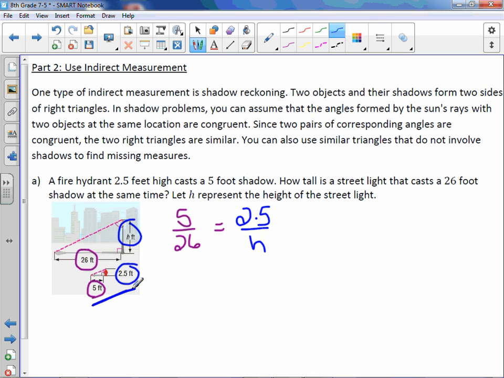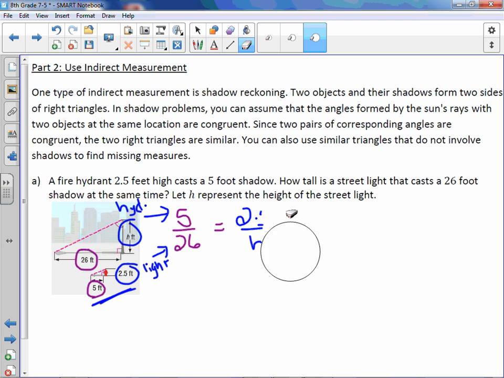And notice how I wrote the fire hydrant first. So this top line here is the hydrant. And this bottom line here is the street light. And it's the same on this side as well. So to solve a proportion, we cross multiply.